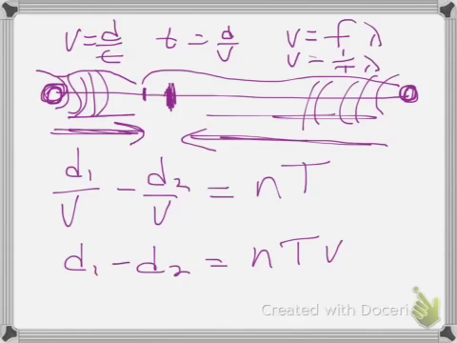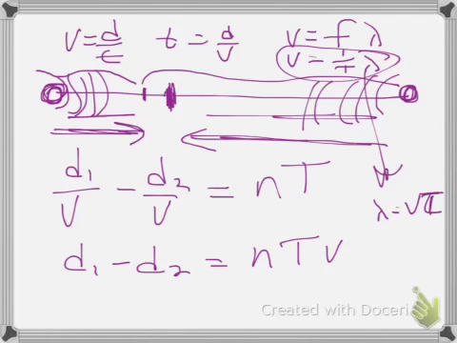Yeah, I think so. So we could get rid of TV, because T times V is lambda. Because we just said that lambda equals V times T. Oops, sorry, wrong T, that's capital T.